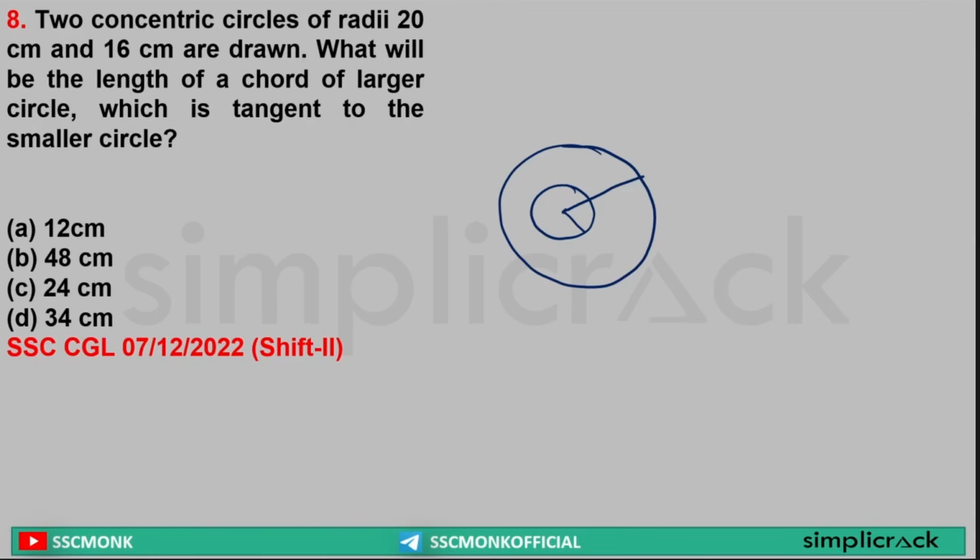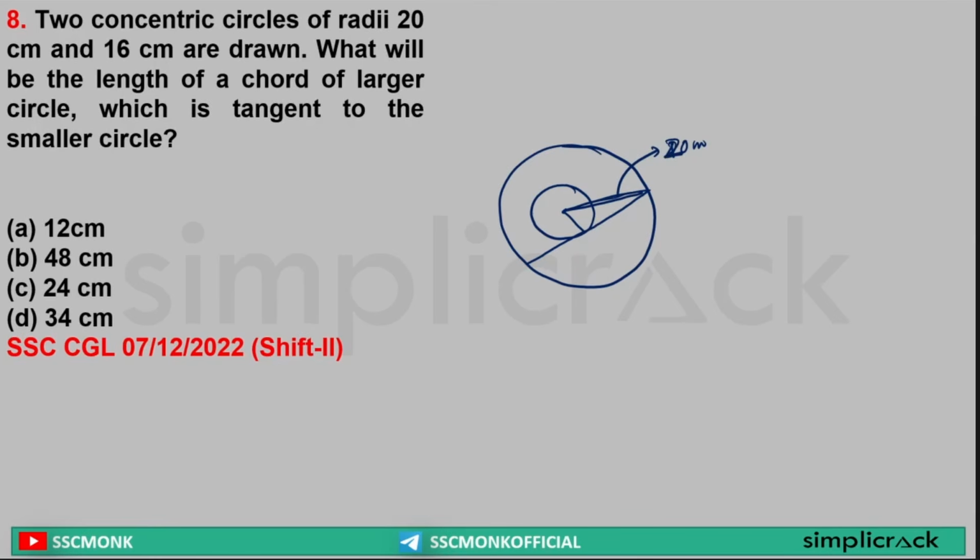Let's say I draw this line. Okay. This is the tangent and this is the chord of the larger circle, right? Now understand this. If I join this line, this is the radius of the larger circle, that is 20 centimeter.